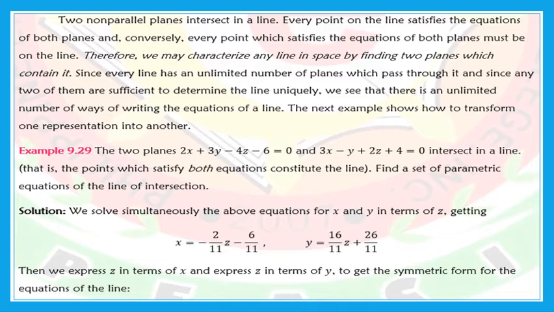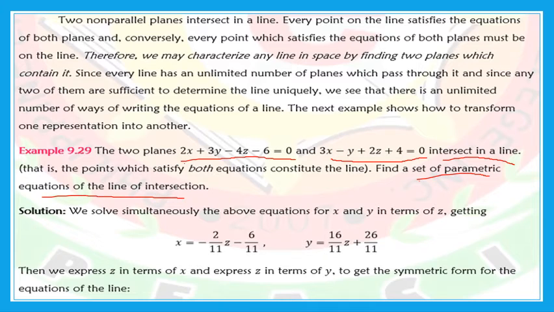So in example 9.29, the two planes 2x plus 3y minus 4z minus 6 equals 0 and 3x minus y plus 2z plus 4 equals 0 intersect in the line. That is, the points which satisfy both equations constitute the line. So, find a set of parametric equations of the line of intersection.